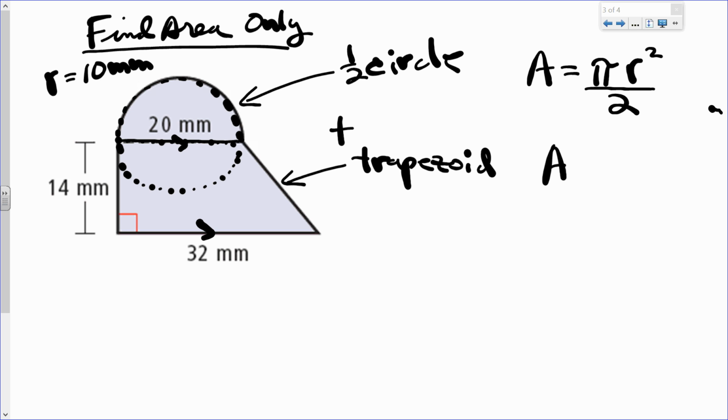So the area then is, I'm going to start plugging and chugging now. Pi is 3.14 approximately. The radius is 10 squared, divided by 2. Because all we're dealing with is half a circle, not a full circle, so I'm chopping it in half.